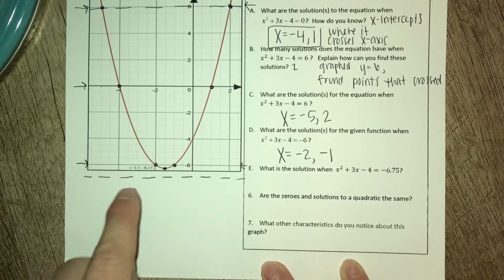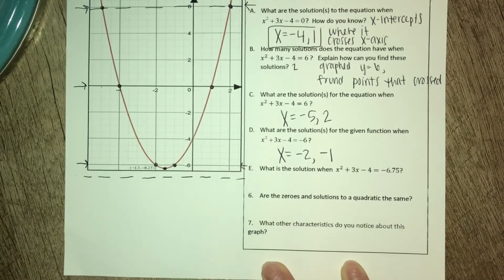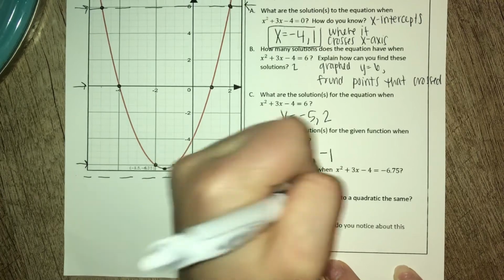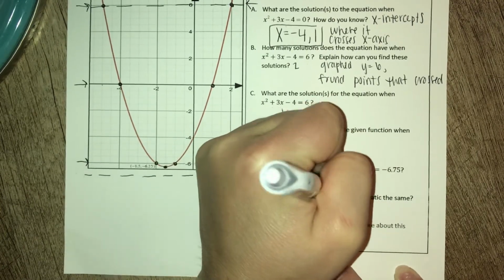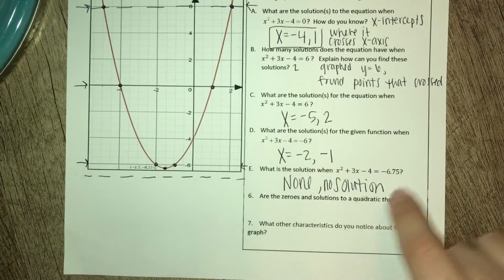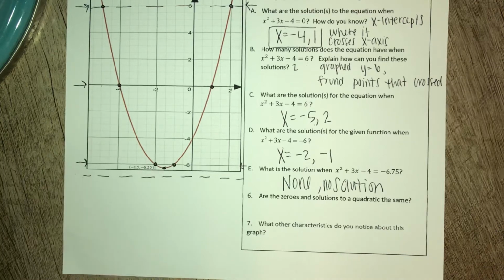So then I would ask myself, are there any points on this graph that hit this line? And the answer would be no. So the solution when x squared plus 3x minus 4 equals negative 6.75 is none, or no solution. There are no points in which you would get this as an answer if you plugged in that value. Our graph does not actually go that low.